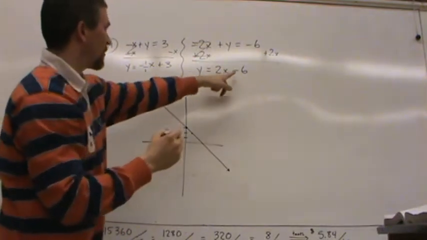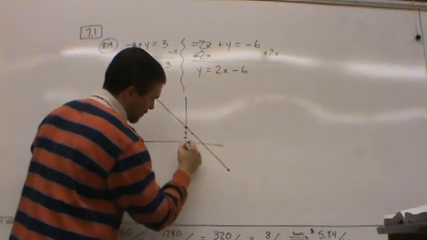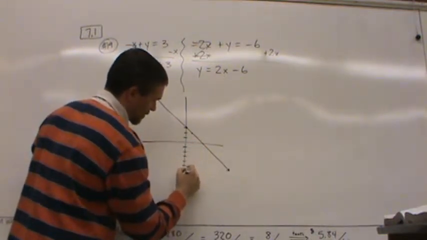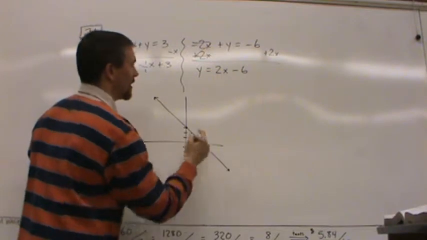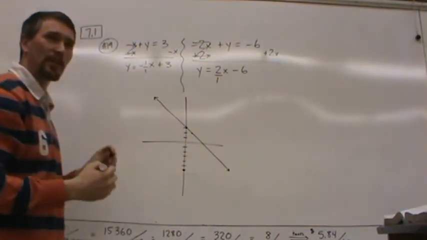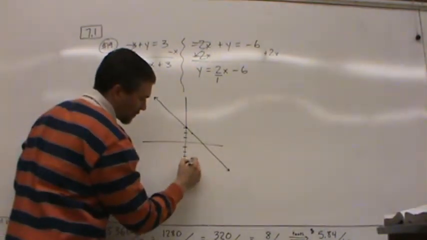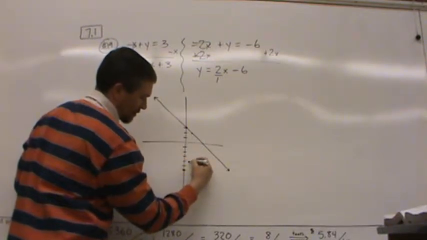And now we go to negative 6 for the y-intercept of that one. 1, 2, 3, 4, 5, 6. There's 1 point on the line. And then we rise 2, because the only way we could write that as a fraction is 2 over 1. Rise 2, run 1. I'm going to continue that process just to be a little more accurate.